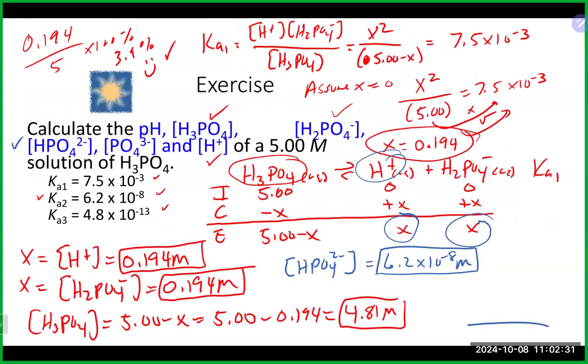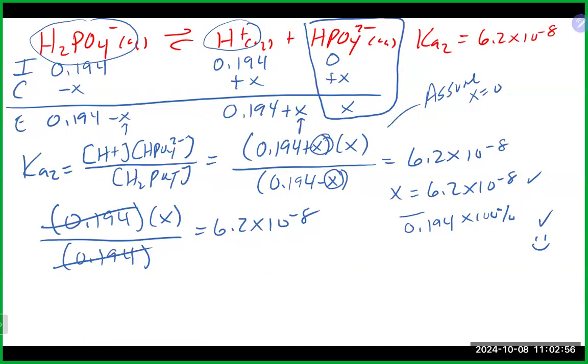Now, that was good. We got the HPO4 minus there. In this particular problem, because we're also interested in phosphate, that only comes out with the third hydrogen. So we will need to do the third dissociation here, the third hydrogen coming off. And if we do that, it will look something like this.